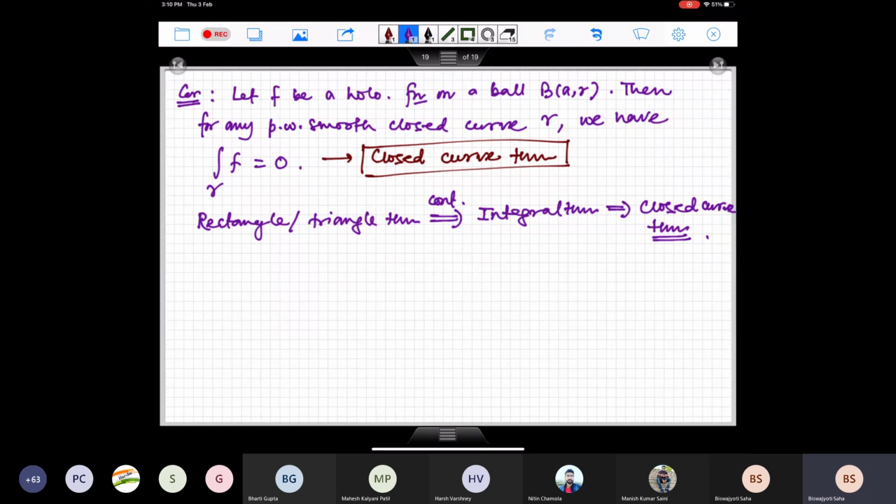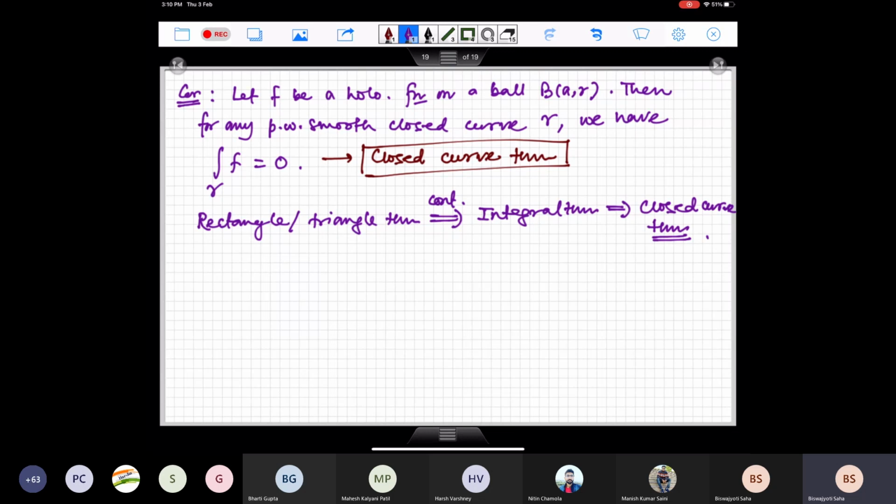A priori I will not know that it's holomorphic, but what I will know about that function is that it is going to satisfy this rectangle theorem or triangle theorem, and it's going to be continuous.